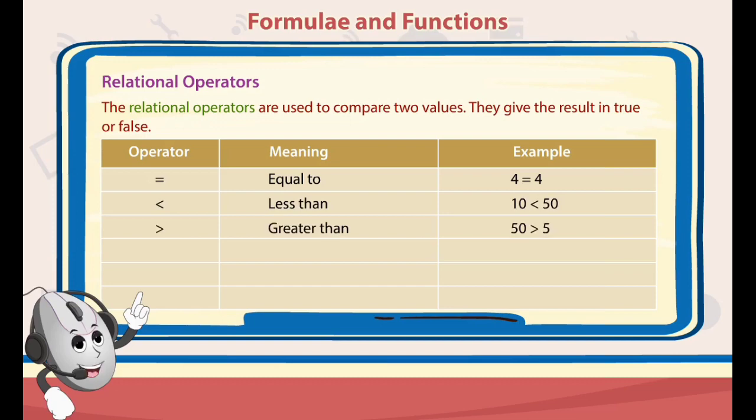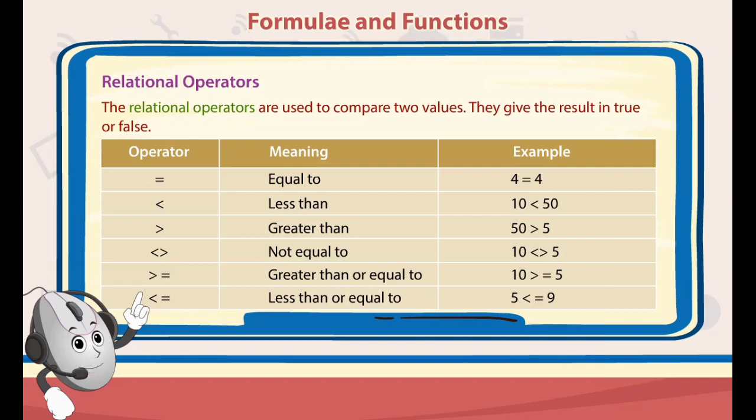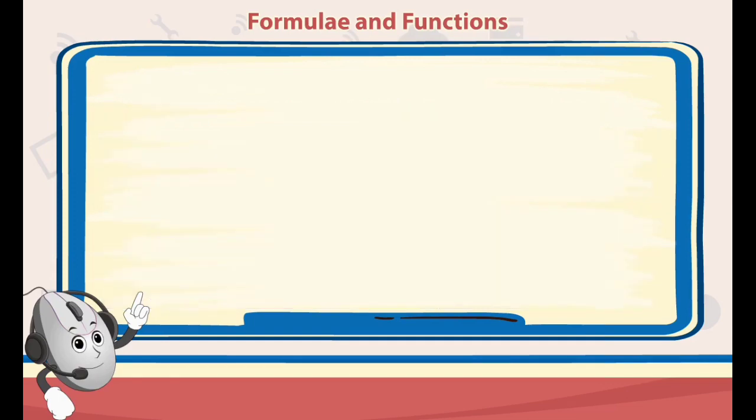Greater than, 50 is greater than 5. Not equal to, 10 is not equal to 5. Greater than or equal to, 10 is greater than or equal to 5. Less than or equal to, 5 is less than or equal to 9.